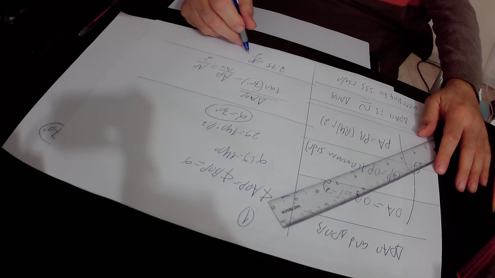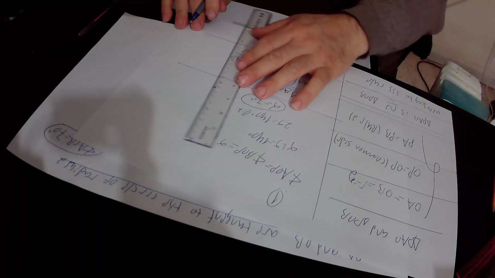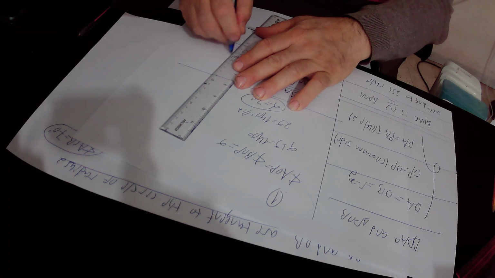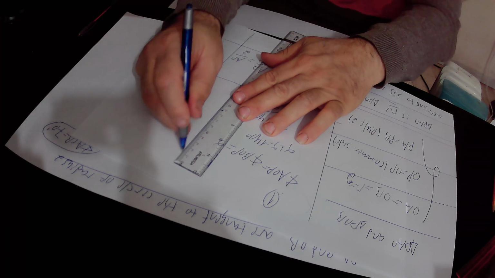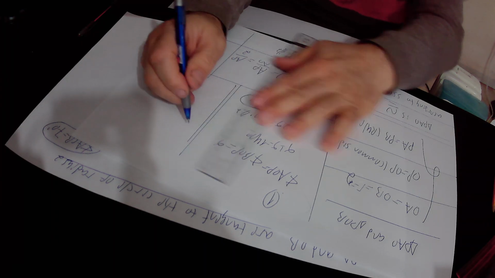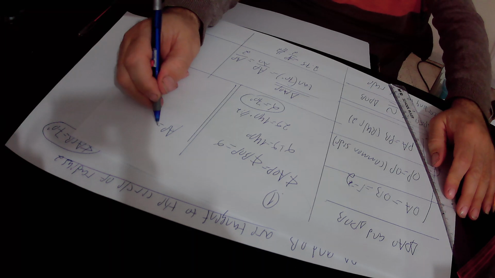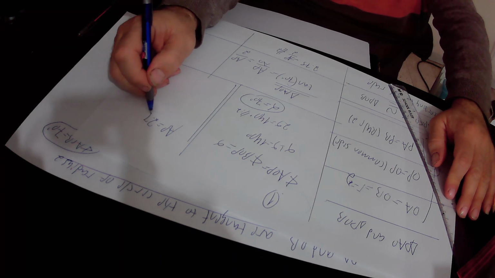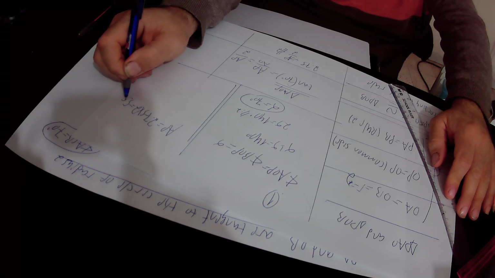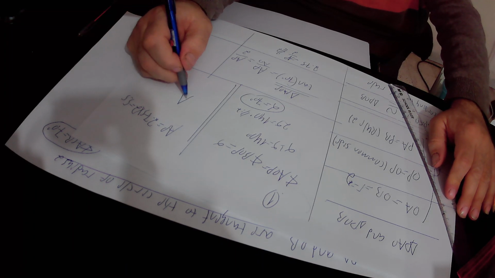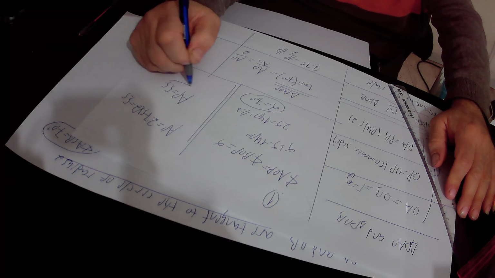Here we'll multiply this equation by 2, and finally we'll get that AP equals 2.75 times 2, that is 5.5 units. So in conclusion, we found out that AP equals 5.5 units in length.